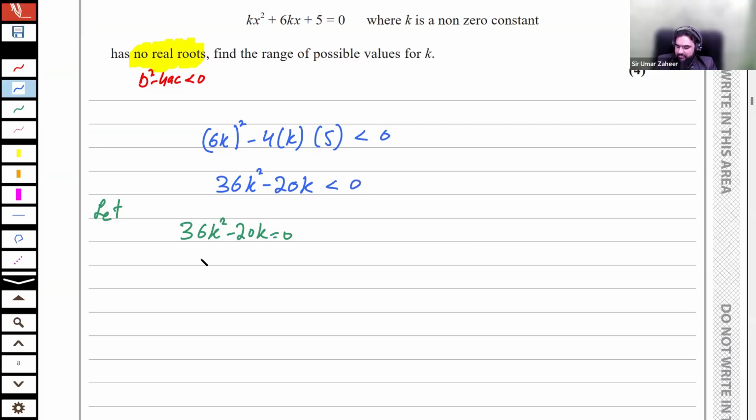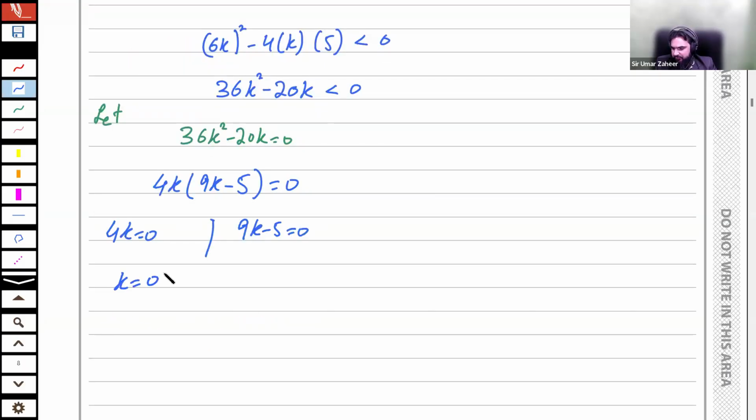We can take 4k as common. 4k(9k − 5) = 0. So we'll get 4k = 0 and 9k − 5 = 0. So my answers are k = 0 and k = 5/9.